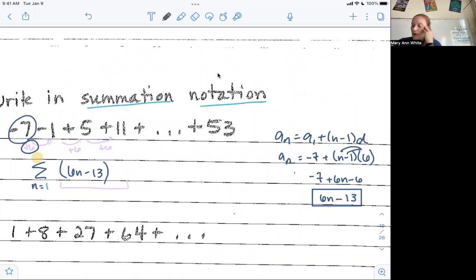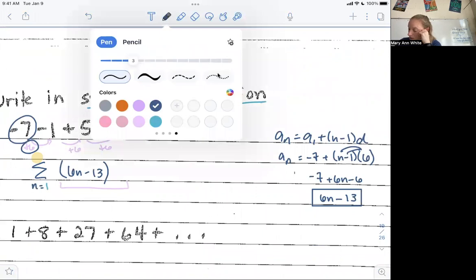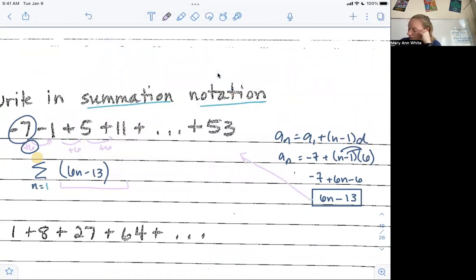That being said, what I haven't figured out yet is what number goes on top. Now, could you just keep adding 6 so many times and see which number gets us to 53? Absolutely. What you could also do is just set this expression equal to 53 and then solve for n. So I can say 53 equals 6n minus 13.